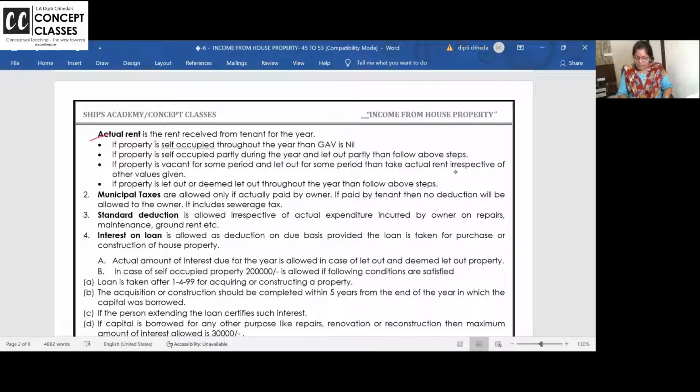Okay, now the next concept is, in case of self-occupied property, the GAV is nil. Why? When you are staying in your own house, can you pay rent to yourself? No. But then you can say, ma'am, just now you said deemed let out property. See, one house is enough to stay. Still the government is saying you can have the luxury of 2 houses.